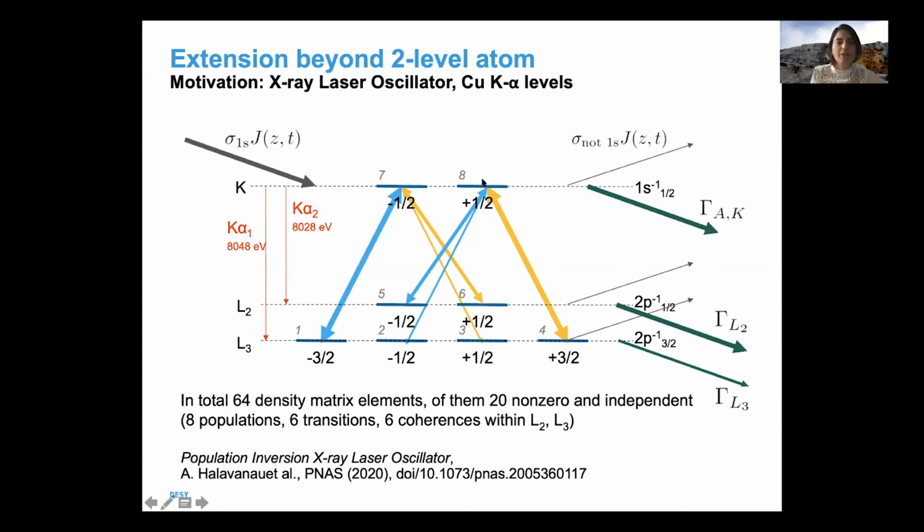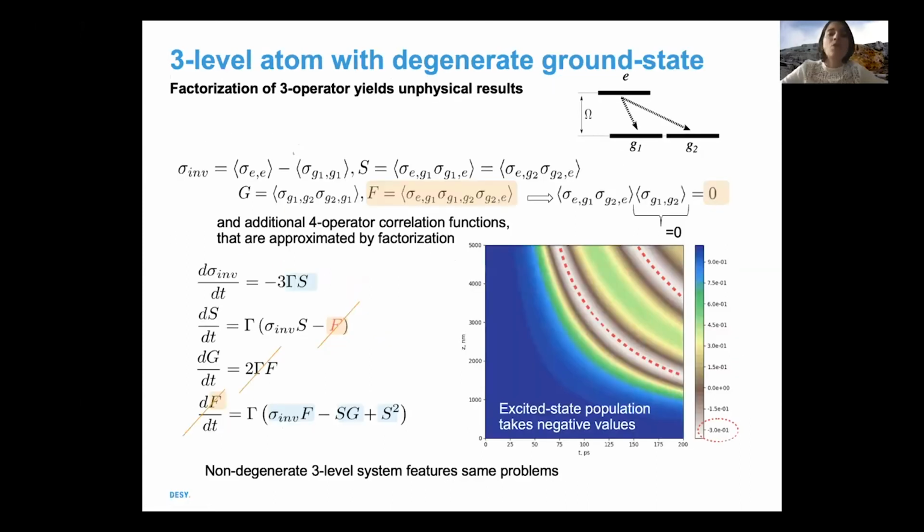You see that you have 2 degenerate K-shell levels and 8 final state levels of the different fine structure components in K alpha. So the question is, can we use this correlation function approach? Immediately we came up with a 3-level system that showed that this correlation function approach breaks down.